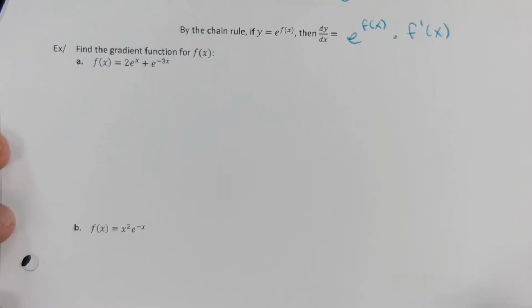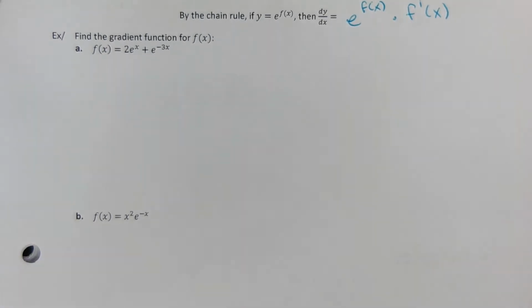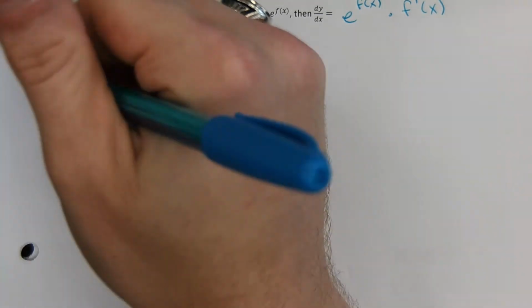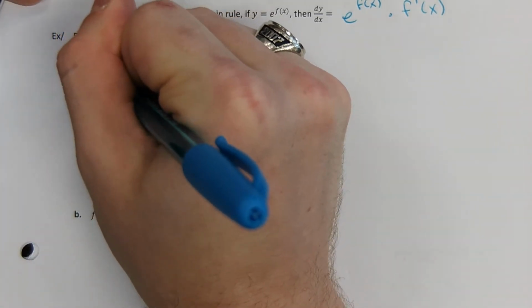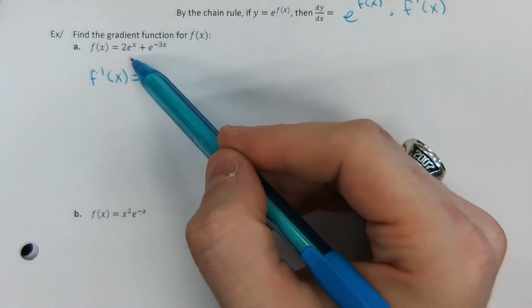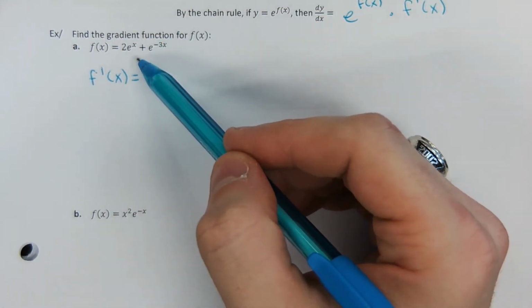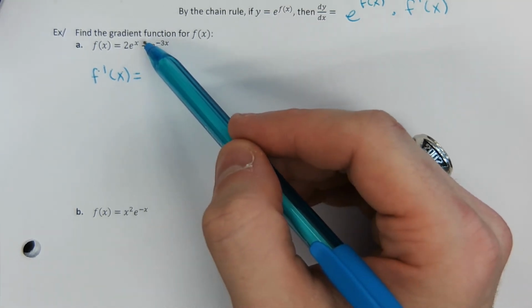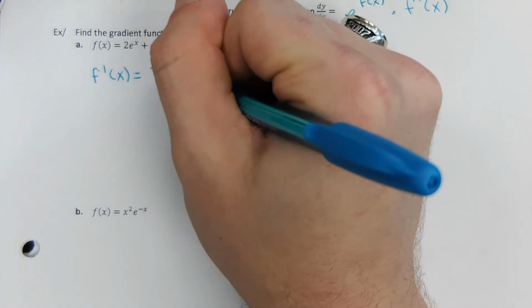So let's find the gradient function. That means let's find the derivative. The constant that's on the front of any function just comes along for the ride. And since the derivative of e to the x is e to the x, the derivative of 2e to the x is 2e to the x.